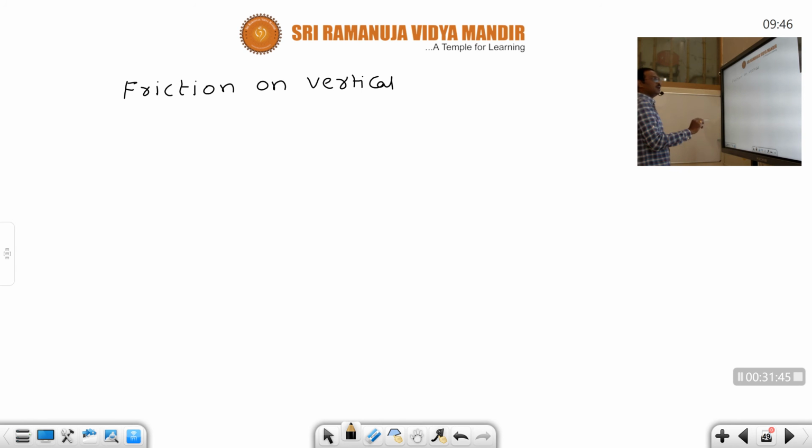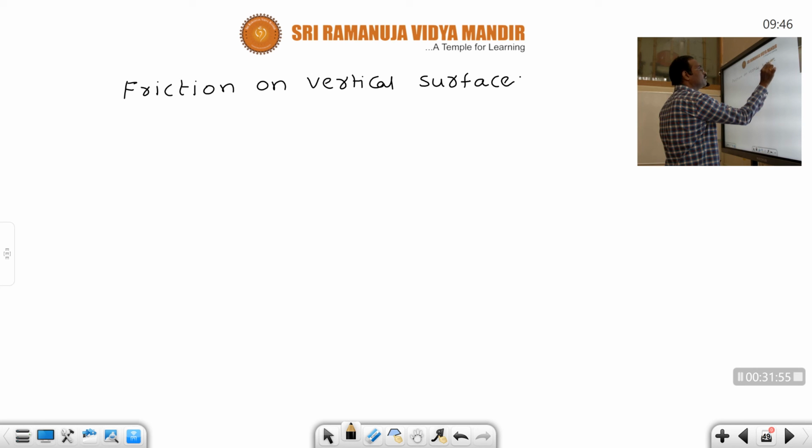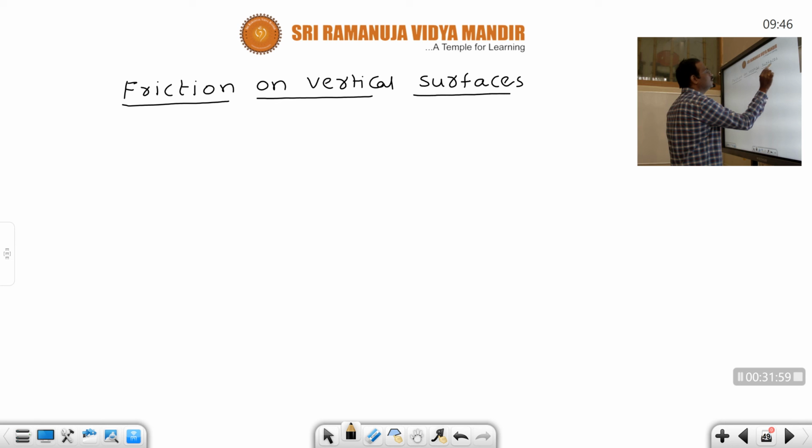Here we have seen friction on horizontal surface and friction on inclined plane. Now we are going to see how to solve questions related to friction on vertical surfaces.